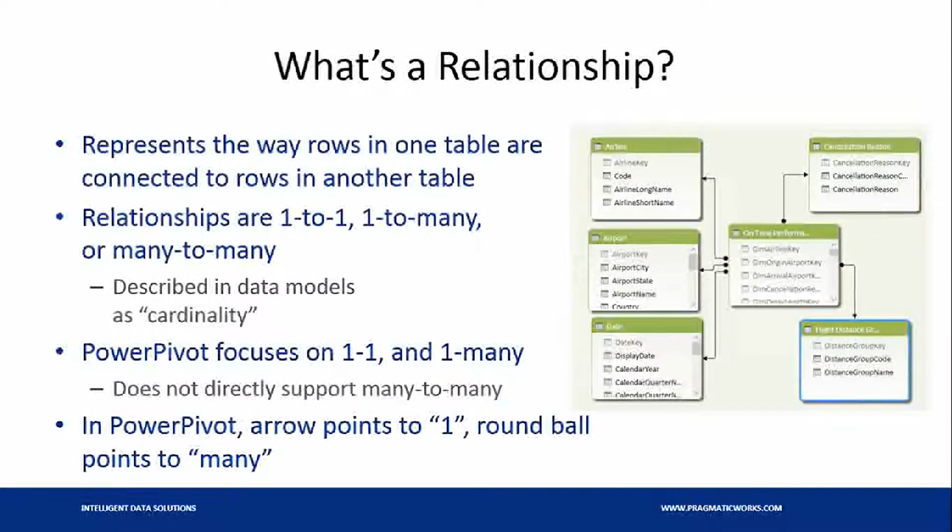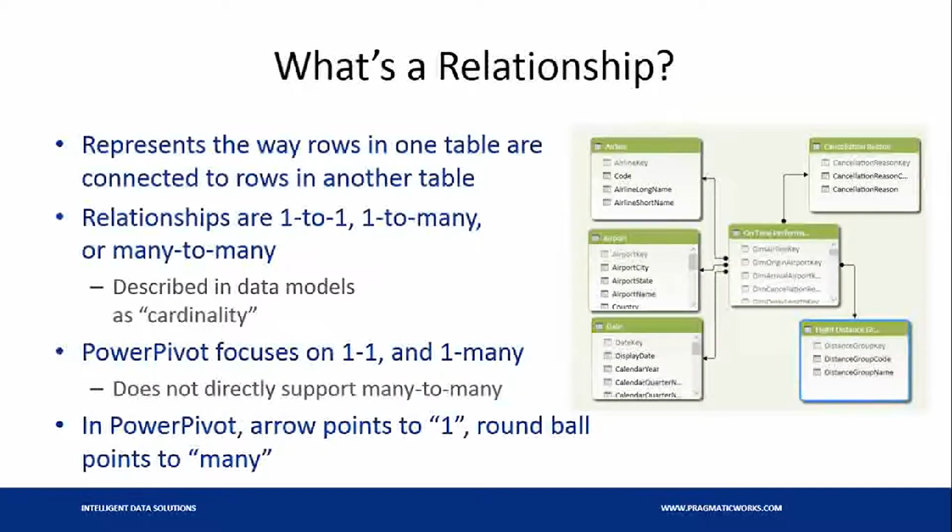And what that tells me is if I'm looking at airline performance records and I want the name of the airline that goes with my on-time performance record, I can use that airline key in on-time performance to connect to the key that's in the airline table in order to get that airline name. So we use relationships to understand how to connect data from one table to another table.